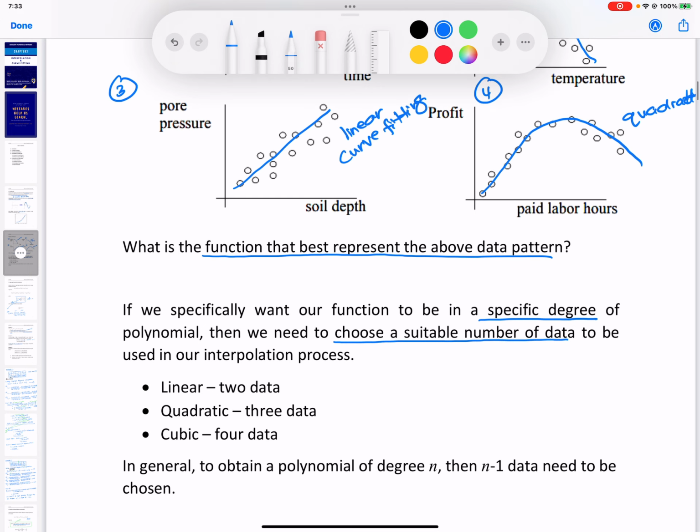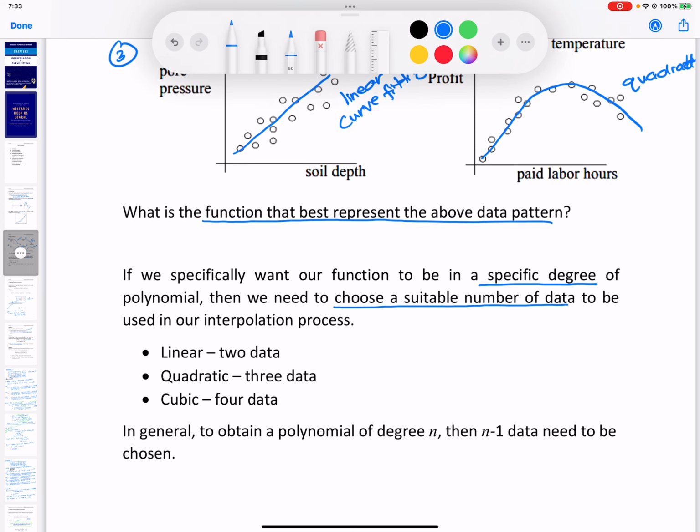If you want to have a linear function, we need to have 2 data, quadratic 3 data, cubic 4 data, and so on. So we can conclude that to obtain a polynomial of degree n, then n plus 1 data need to be chosen.